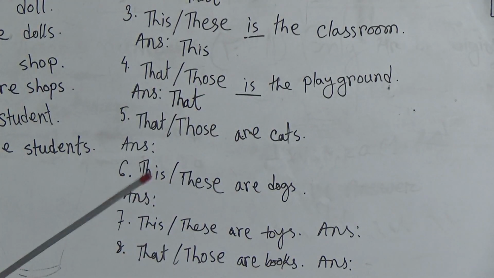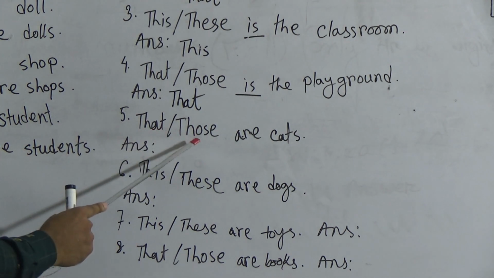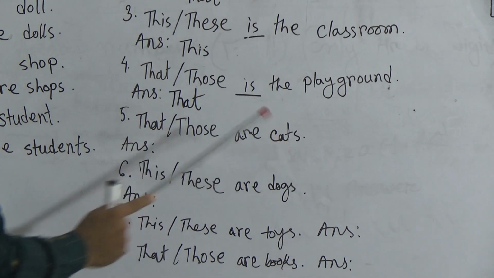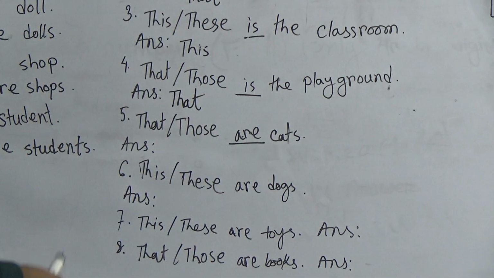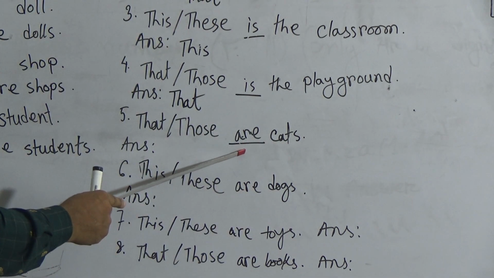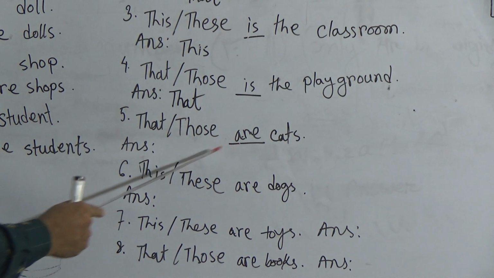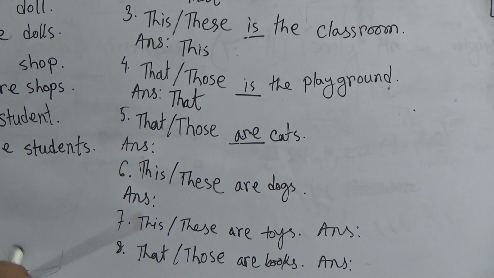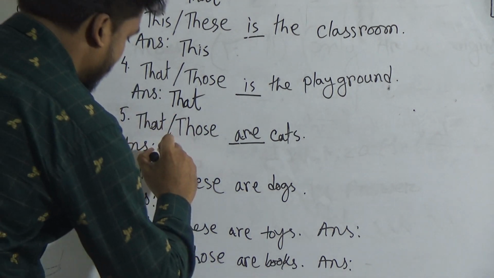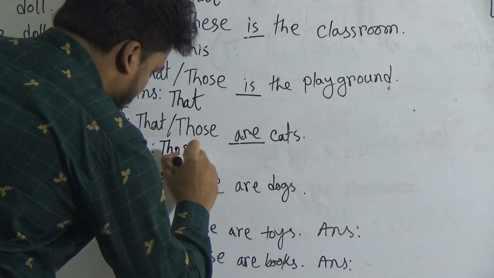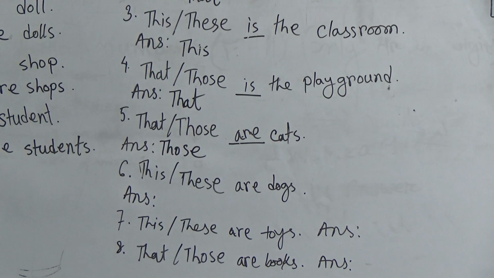Number 5, that or those are cats. Here are, dear students, is a plural verb. That's why you have to use a plural pronoun. Here, that or those, which one is the plural pronoun? Those, it is a plural pronoun.